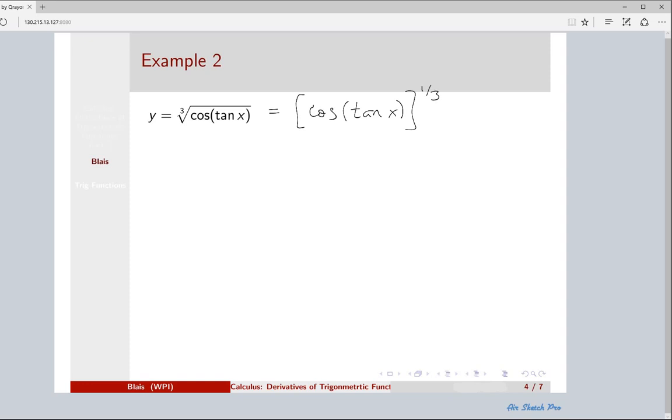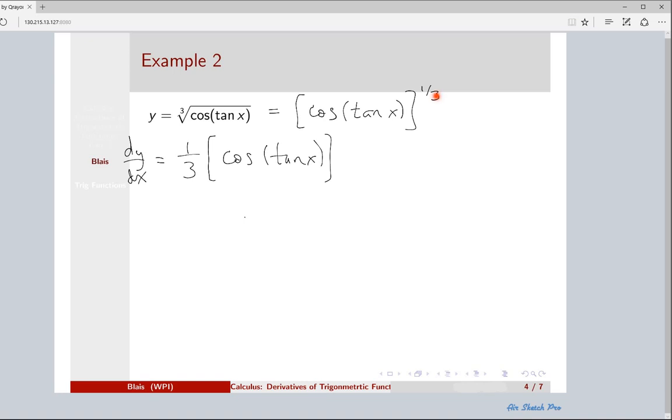So we have this cosine of tangent of x raised to the 1/3. So, chain rule, a couple times actually. Our first outer function is something raised to the 1/3. So for our derivative, we do power rule on the outer function, leaving the inner function alone, cosine of tangent of x.